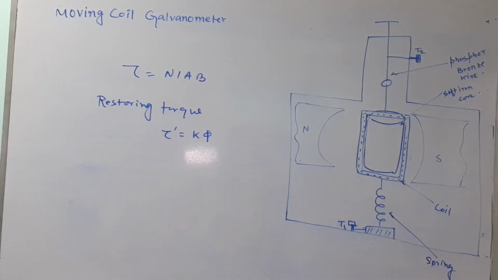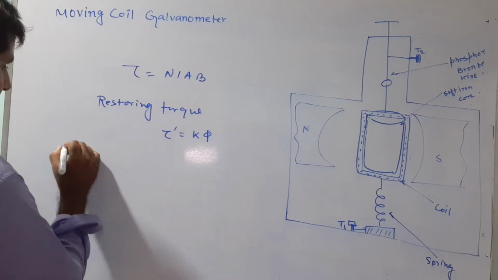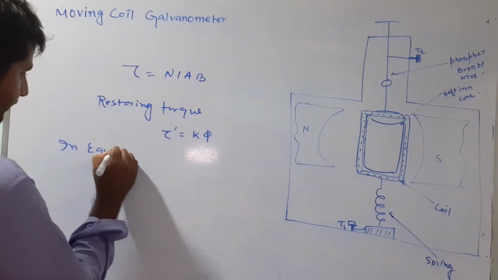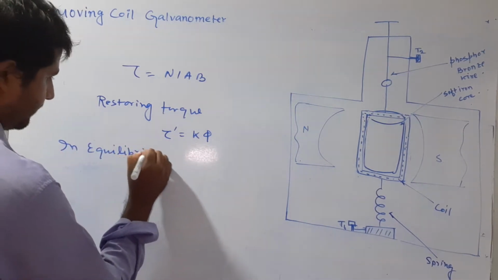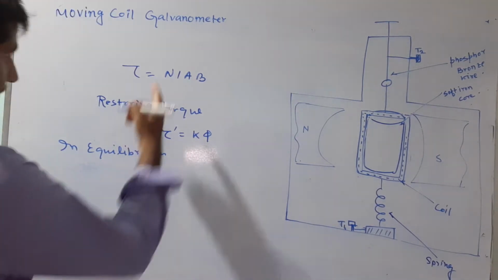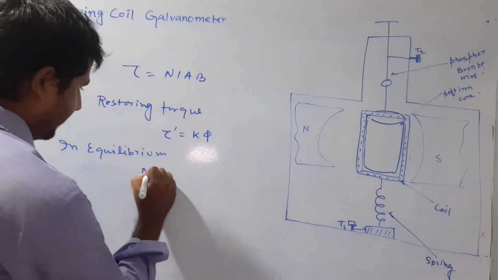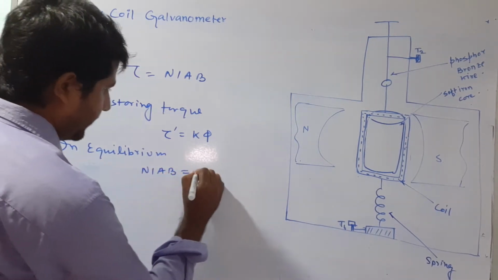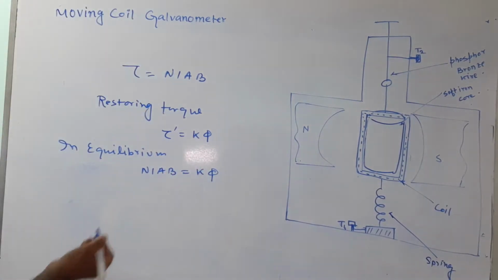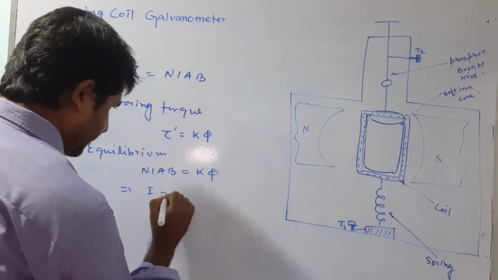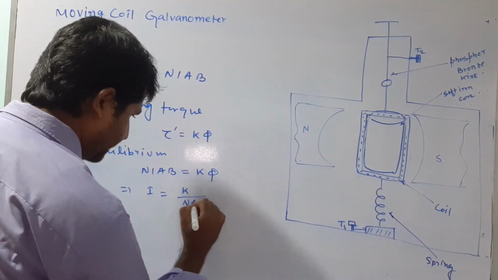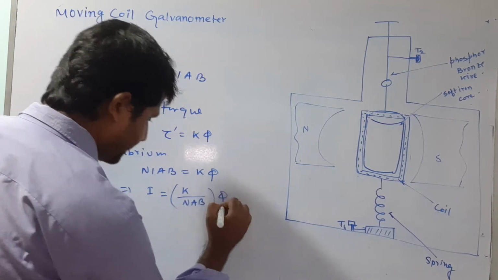Now in equilibrium, the deflecting torque is equal to the restoring torque, that is NIAB equal to K phi. So I equal to K by NAB into phi.